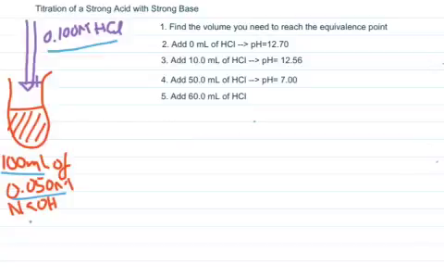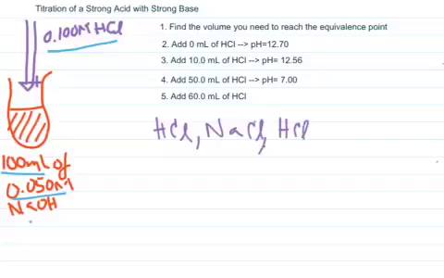So what happens when we pass the equivalence point and we add 60 milliliters of HCl? Well, what do we have in the flask? The first thing we have is more HCl, some sodium chloride, some water, but we no longer have any more of the hydroxide. Why?